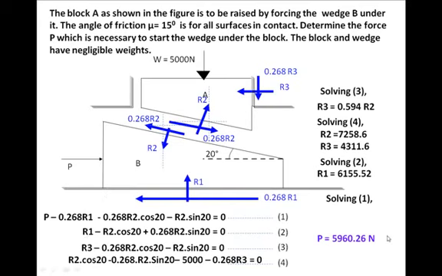So this 5960 force is needed. Mind you, in comparison with 5000, though this value is equivalent, driving it horizontally is much easier than trying to lift something in a vertical direction. That's why these applications are of practical importance. Thank you.